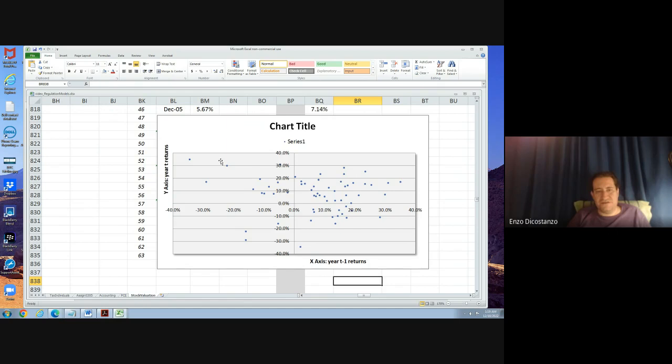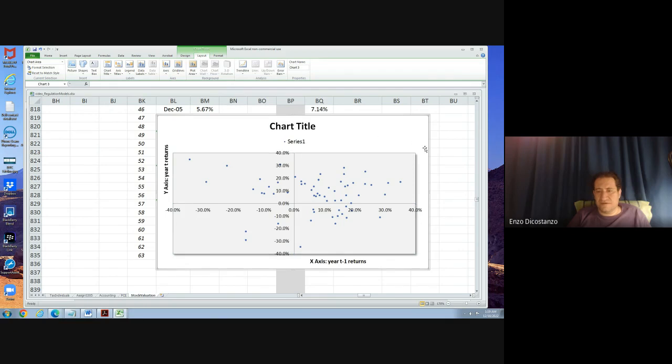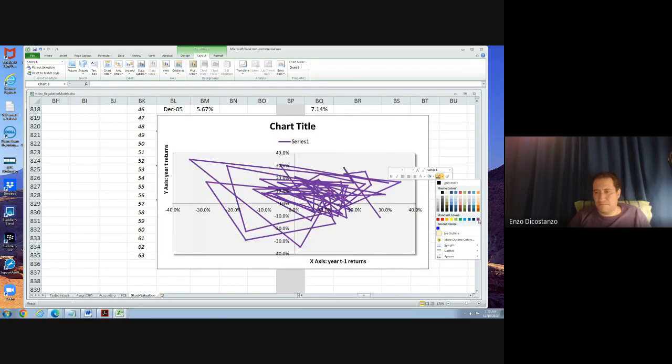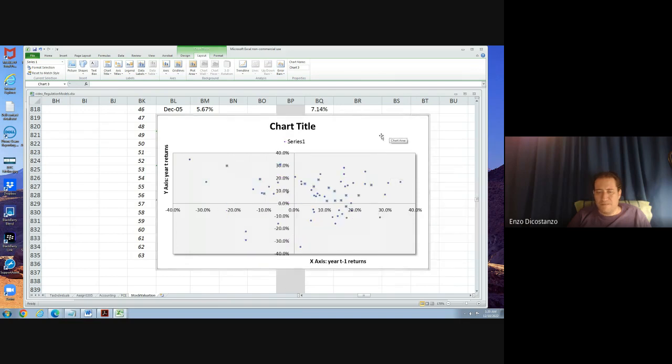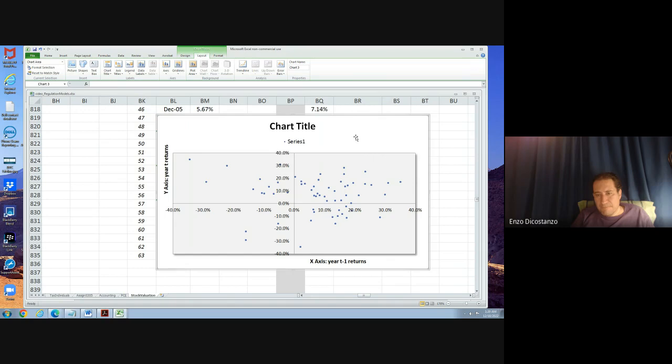And you don't even need the grid lines. These grid lines are ridiculous. You don't need grid lines, horizontal, none. Okay, we'll worry about that another time.